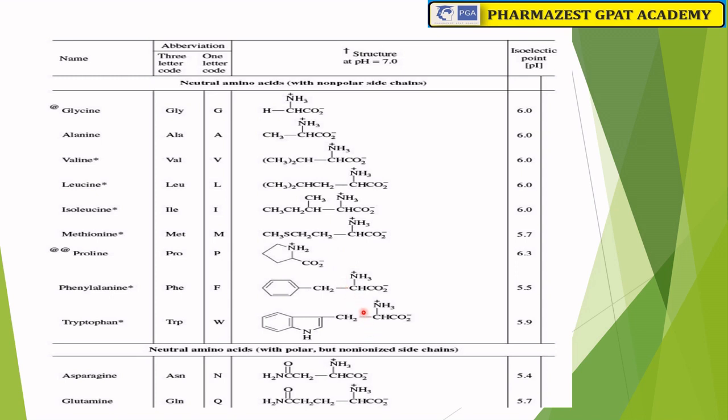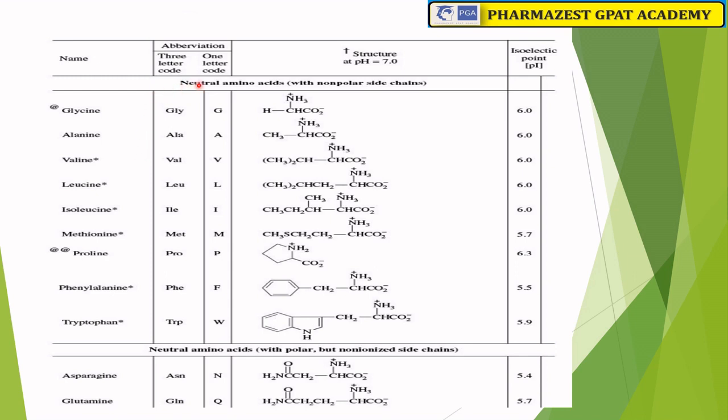This is the parent atom present in all structures, and based on the substituents of these parent chains, they are given different names. These are the important amino acids.